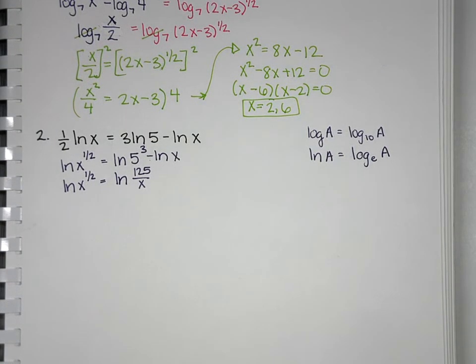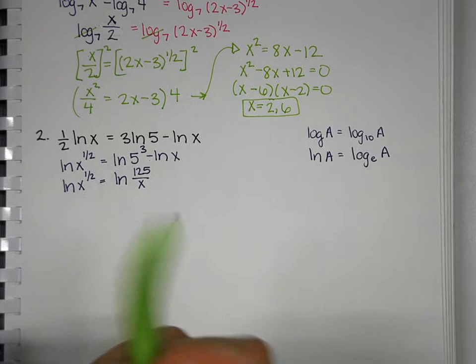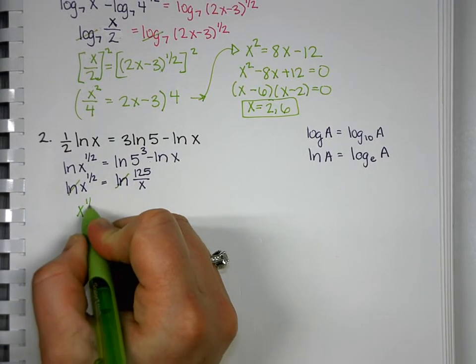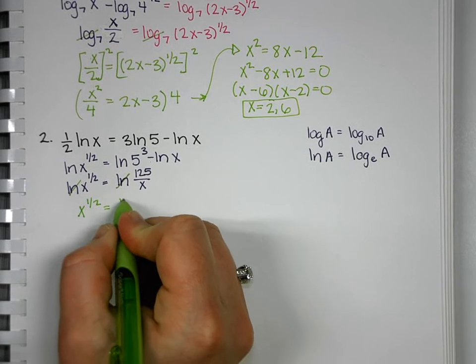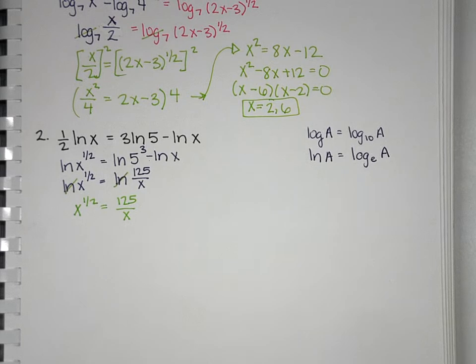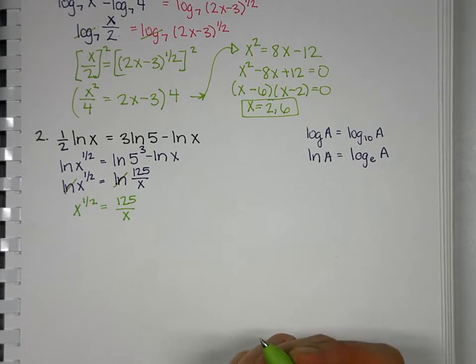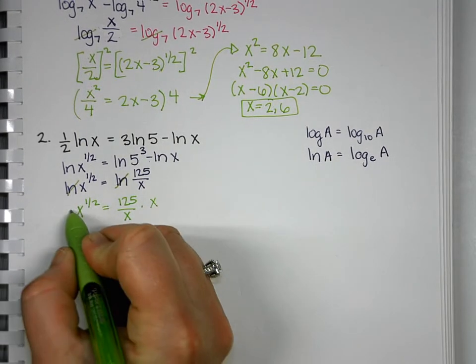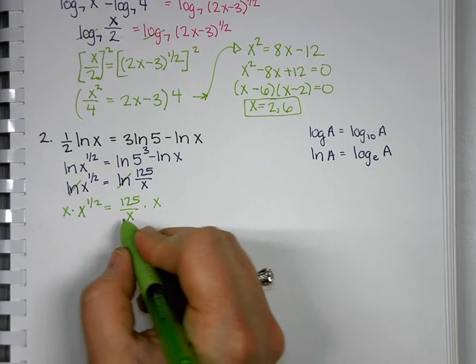So once we have a log on either side, we can drop the log and write the equation x to the 1/2 equals 125 over x. So from here, I'm going to multiply both sides by x so I can get my x's together.